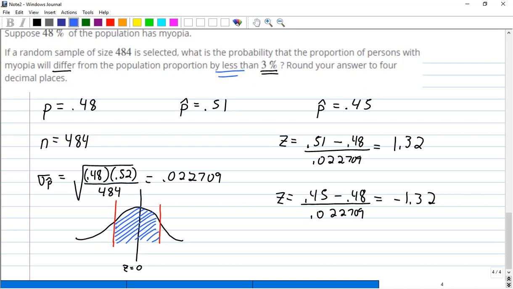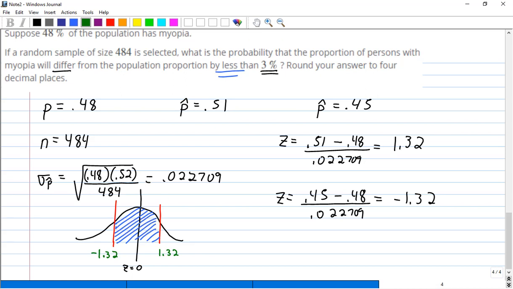So how do we do that? Well, remember I told you the easiest way is to take the z-score to the far right, find that area, and then take the z-score to the far left and find that area, and say the bigger area minus the smaller area, because of the way our tables work, will always give you the area between the two.